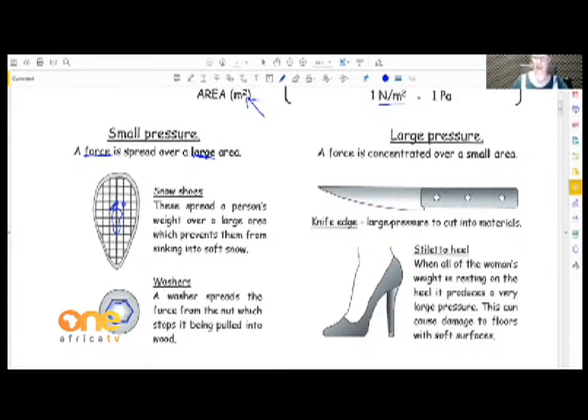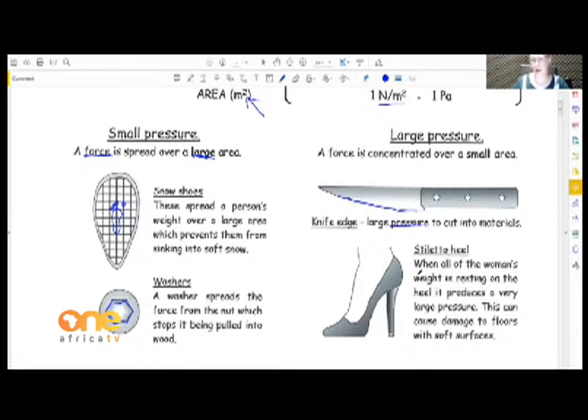If we look at the other side of the equation, if we look at a knife, then we're pushing all of the force that we're using to cut something onto this tiny little area just there at the edge of the knife. So that allows us to cut a lot easier because we have a great amount of pressure.